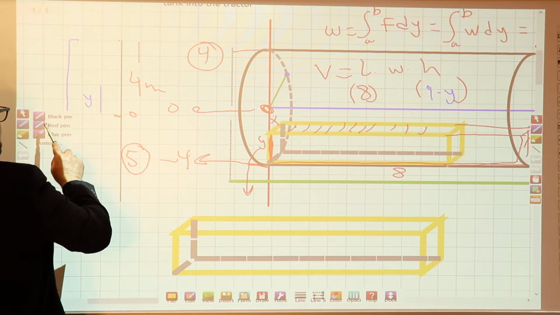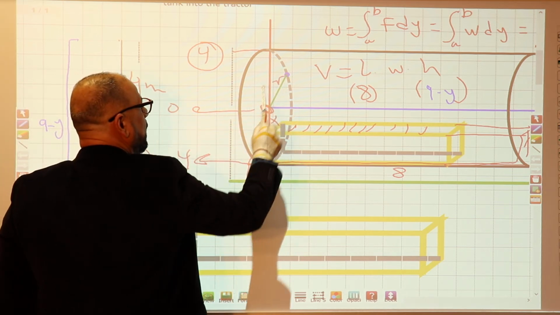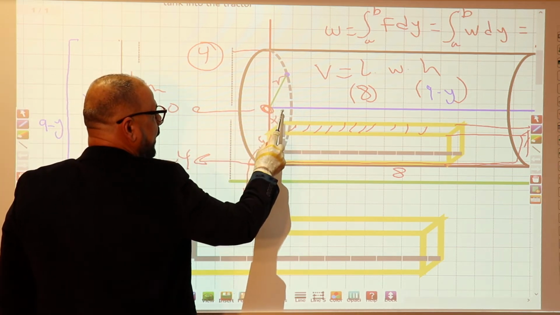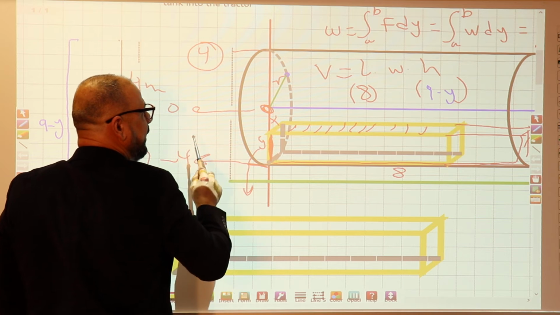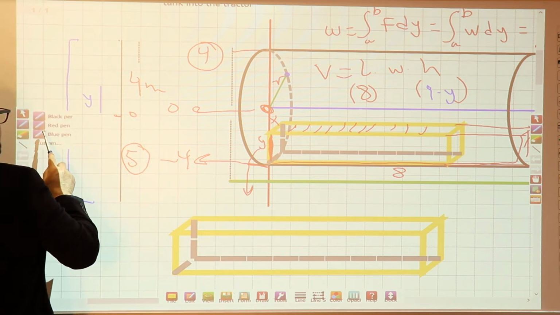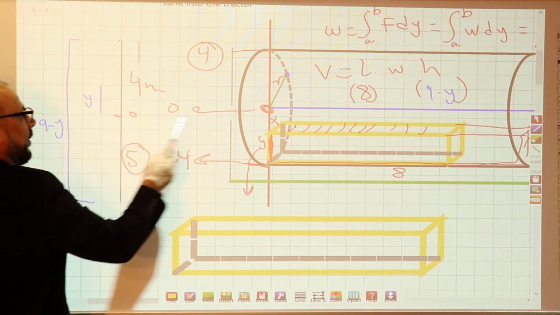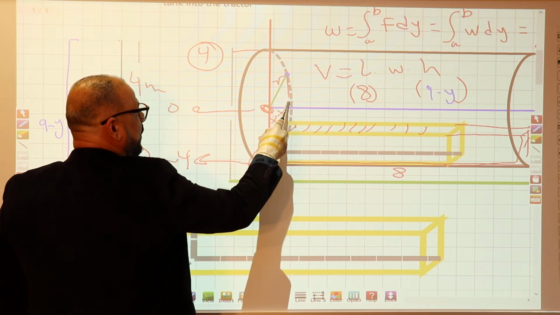This, the red is R, and this is X, and from here to here is Y.